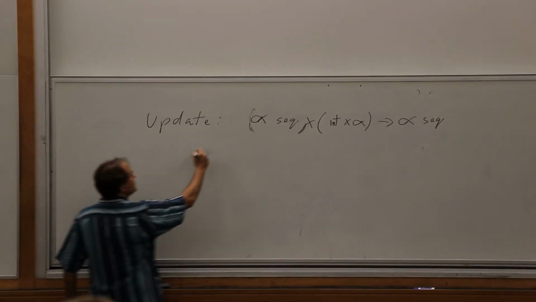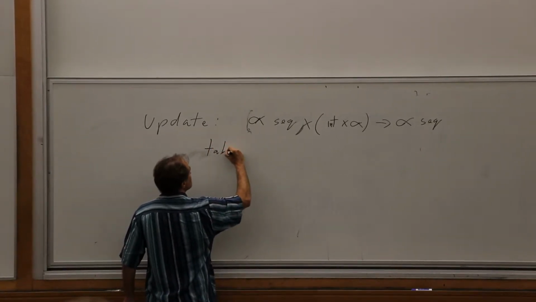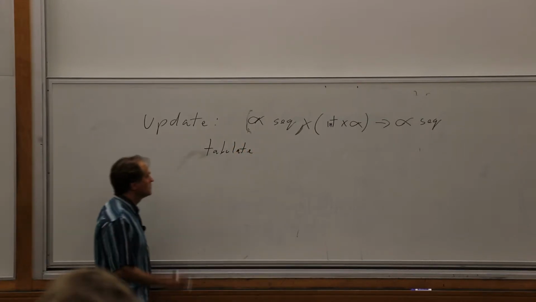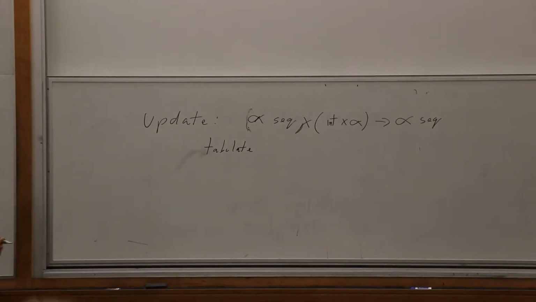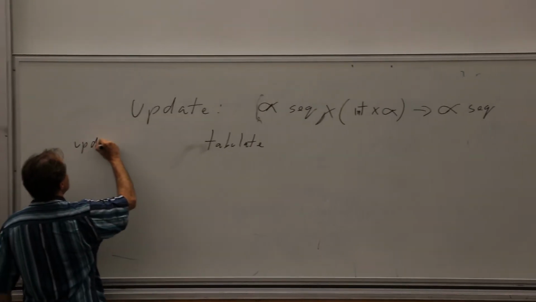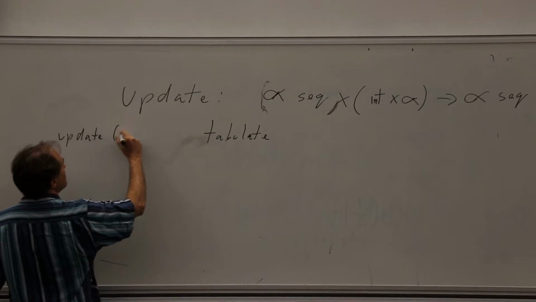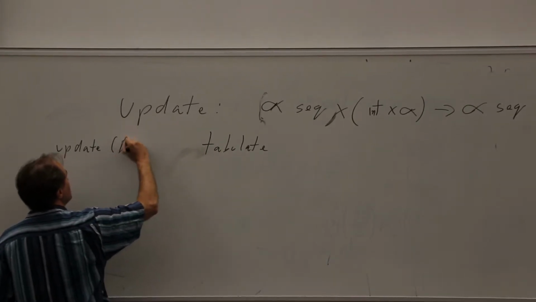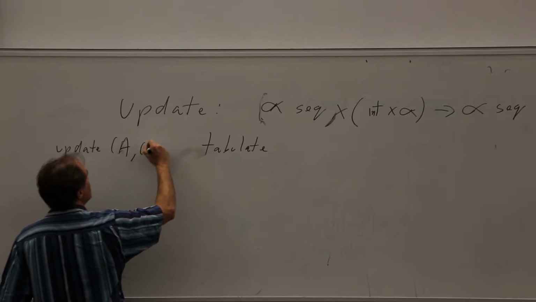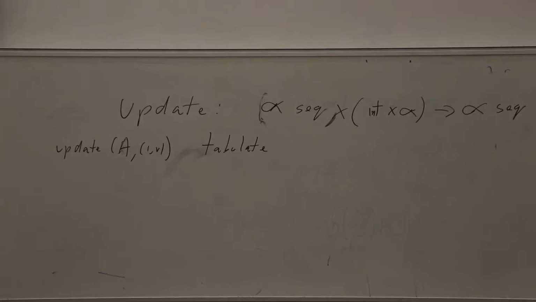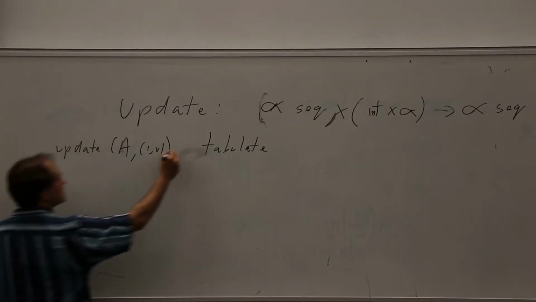And this is pretty much the most efficient way you can do it, which is not particularly efficient. You can say tabulate. Well, how could I do this? So I'm defining update, and it's taking a pair of a sequence, let me call it capital A, and an index value, and that equals, this is fun.